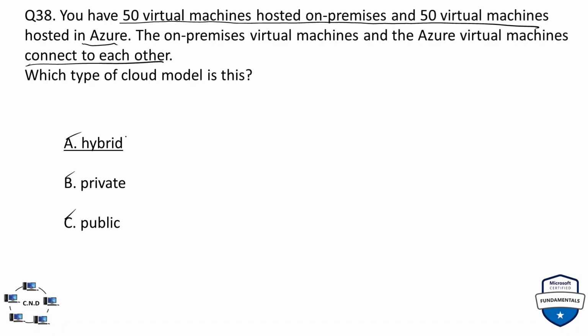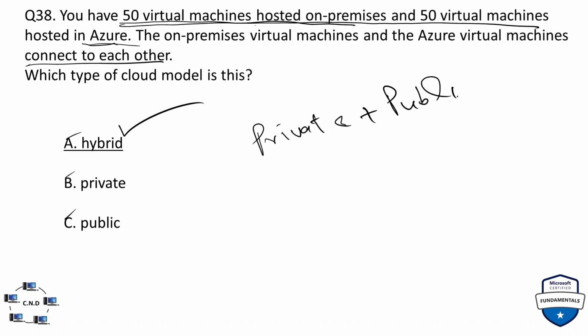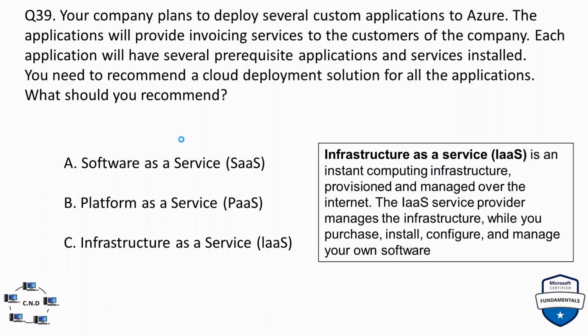And the correct option is hybrid because we have the combination of the on-premises, that is the private cloud, we may say, and the Azure or the public cloud. So this type of cloud, which is the combination of on-premise or private plus public, is referred to as the hybrid.